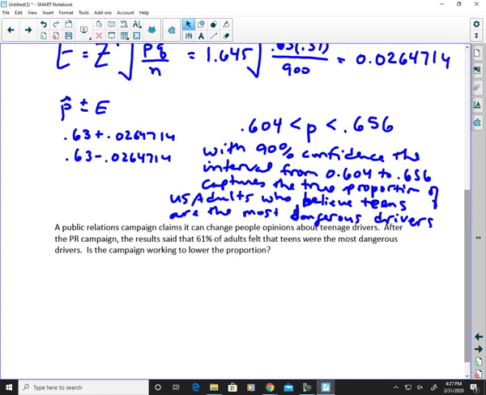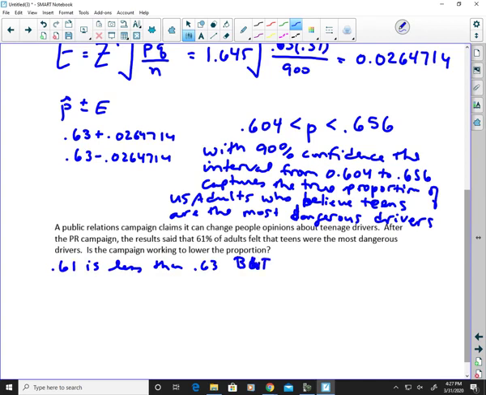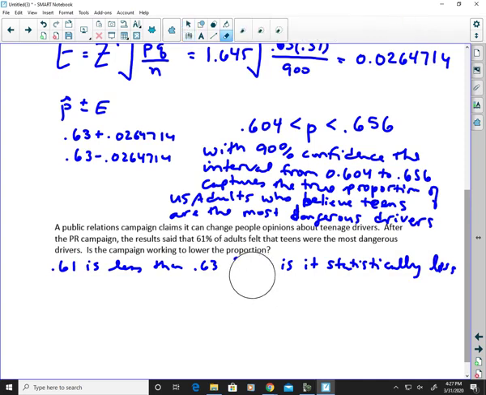Now, someone who doesn't know statistics might say, yes, 0.61 is less than 0.63. But, and this part you don't really have to write down, is it statistically less? Is it really less?